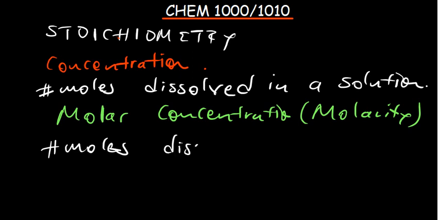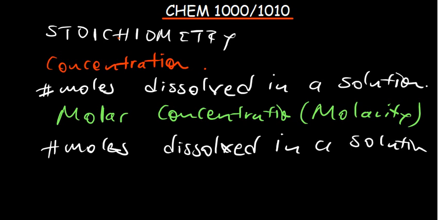This is more specific because we're dealing with a solution that has its volume given in liters. So you're talking about concentration as the number of moles dissolved in a liter of a solution. When you have moles on top and your volume in liters, what you have is molarity. Are we together?